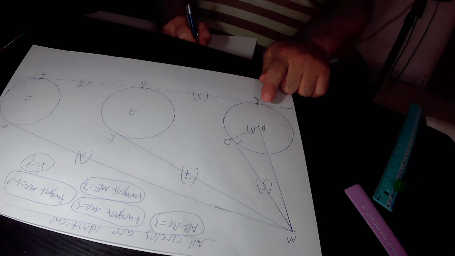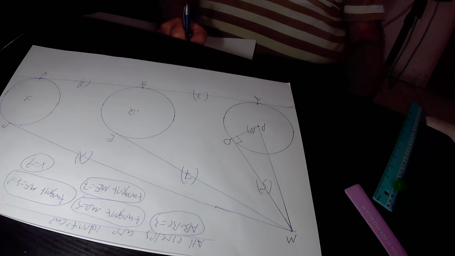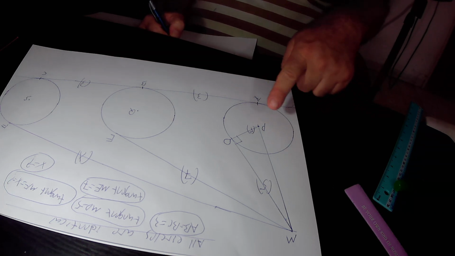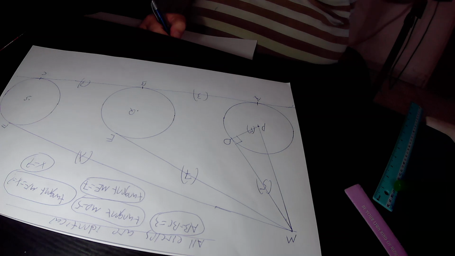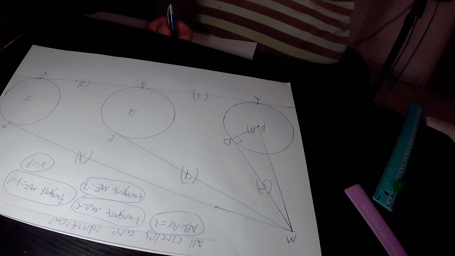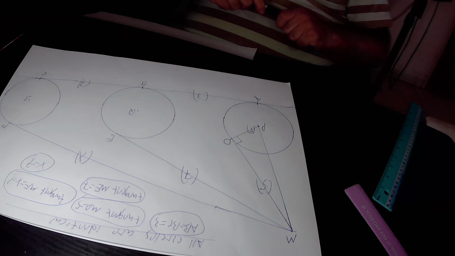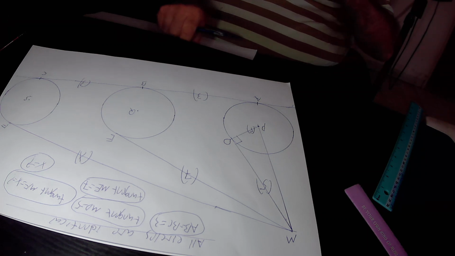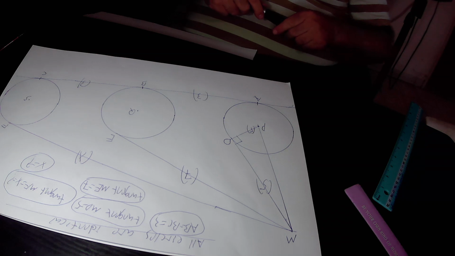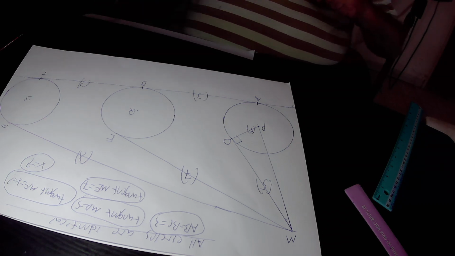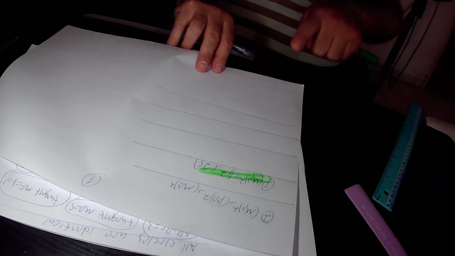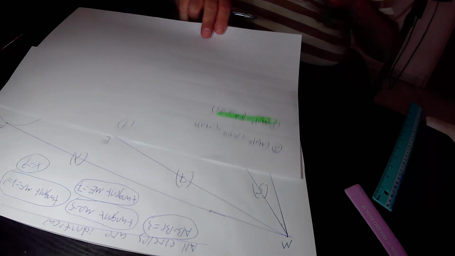PD is R, therefore PD square is R square, plus MD square. MD equals 5 units in length, therefore MD square is 5 squared, that is 25. So in total, according to equation 1, we found that MP square equals R square plus 25.